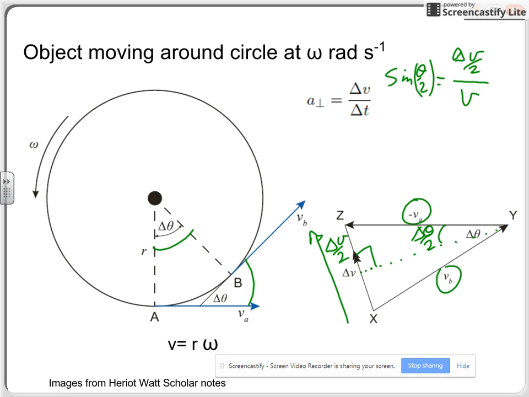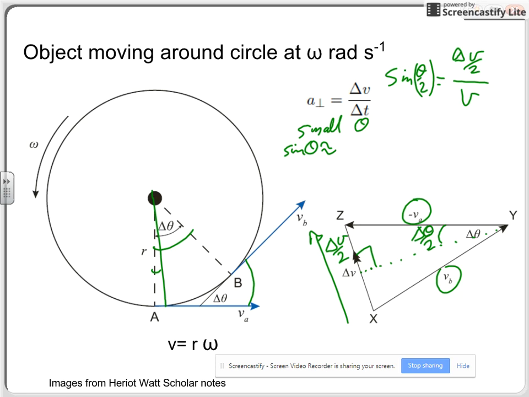And because we take that as being a very small angle theta, what should you know about sine theta compared to theta, if it's a small angle in radians? It's a very small value, I'd agree. But what you should know is for small theta, sine of theta is approximately equal to theta.